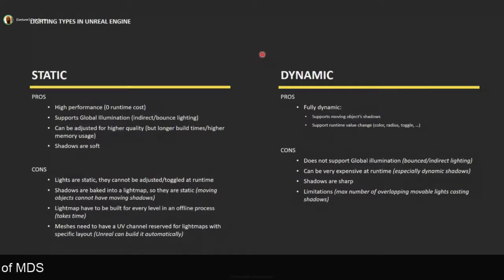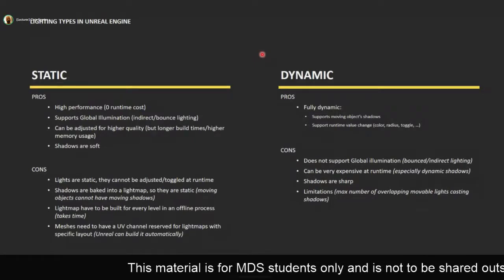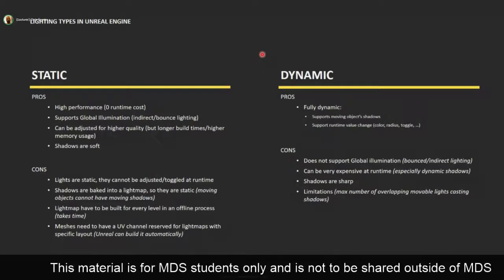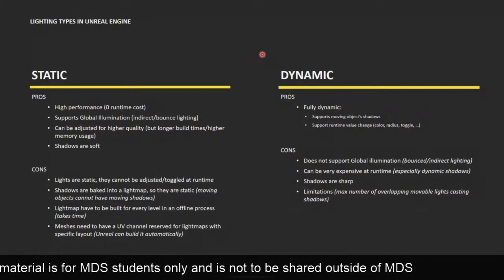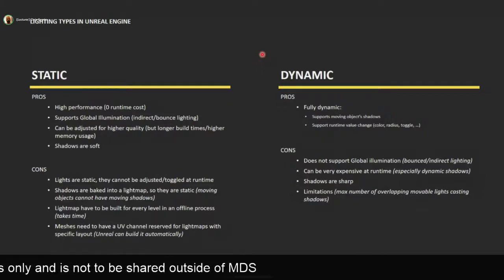The second good thing is that it supports something that we call global illumination. What does that mean, global illumination? It's basically the indirect lighting, bounce lighting. So when you think about the sun hitting your room through the window, the light actually bounces on your wall multiple times, right?